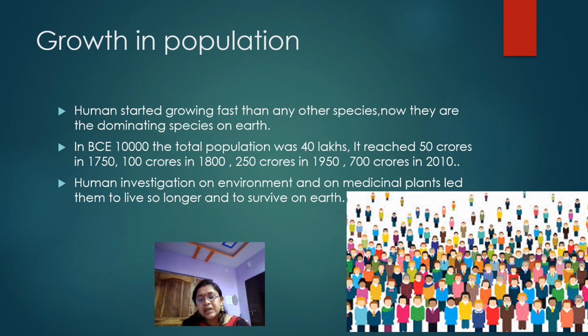Artificial things have been created by man to live on this earth. So human investigation of the environment and of medicinal plants led them to live longer and survive on earth. What this man is doing is dominating the other species. They are saying the other species should not be there.